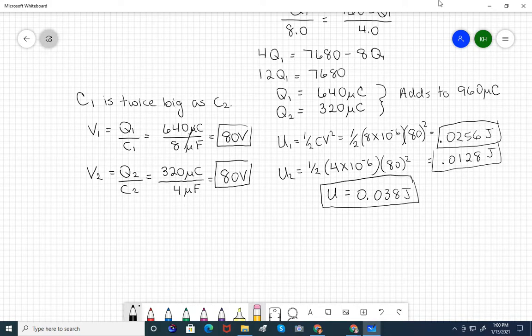Okay, the last topic in Chapter 18 is about dielectrics. Most capacitors have a non-conducting material.